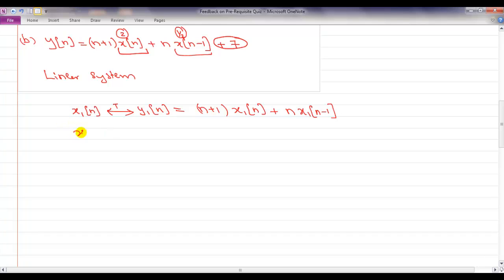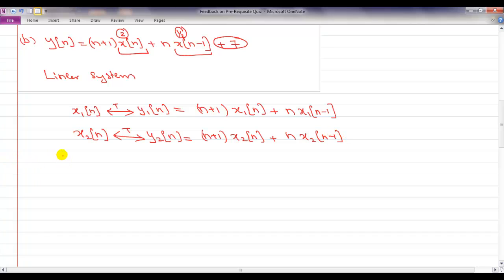And if I have an input x2[n] and the output y2[n] is given by, again, I'll just replace x by x2, (n+1) x2[n] + n x2[n-1].